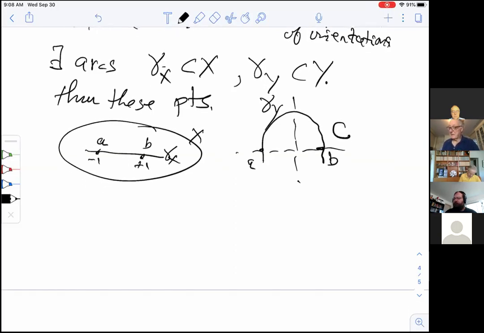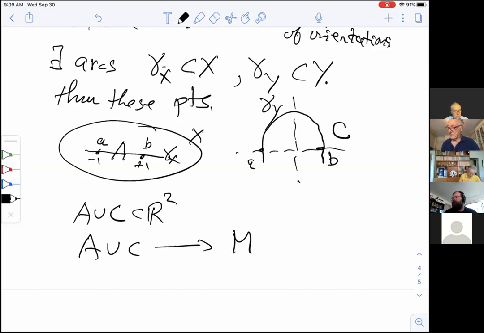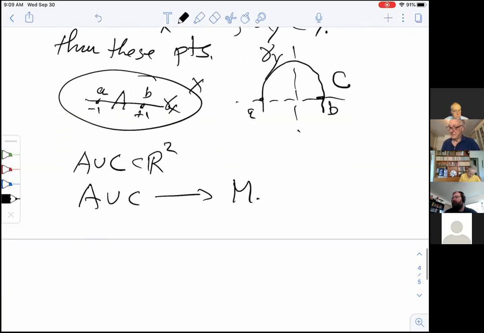So together, these define a map of, let's call this part of the x-axis A, and let's call this part of the unit circle C. I have a map of A union C, which sits in R^2, into the ambient manifold.